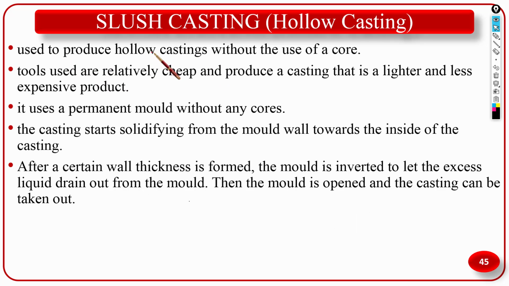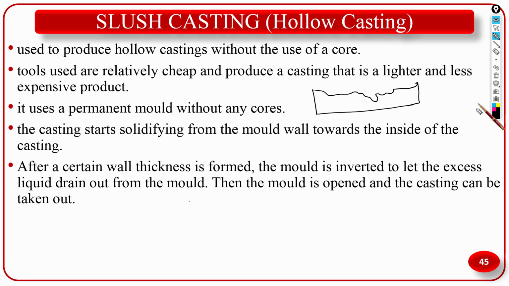It is used to produce hollow casting without the use of a core. This is used even for producing ornaments having various good shapes. Let's suppose this is the shape of an ornament.